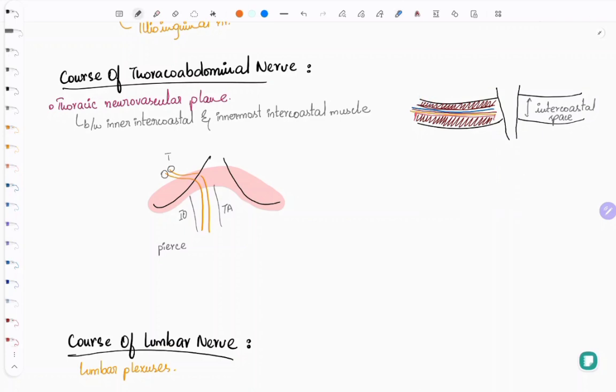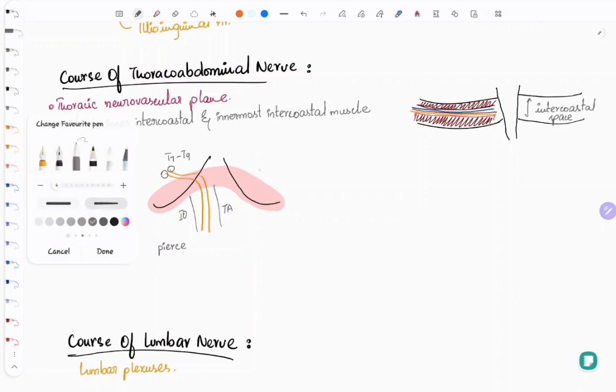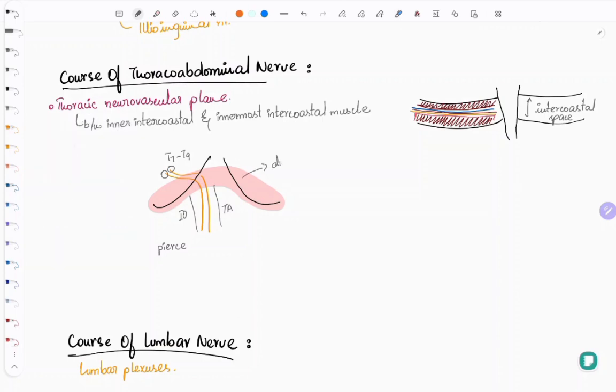The nerves T7 to T9 pierce the diaphragm. This is the diaphragm. So, the nerves from T7 to T9 pierce the diaphragm and extend behind the costal margin. This is our costal margin.